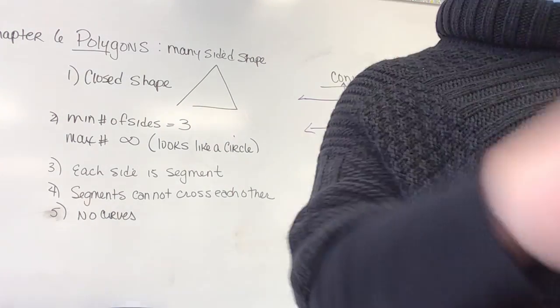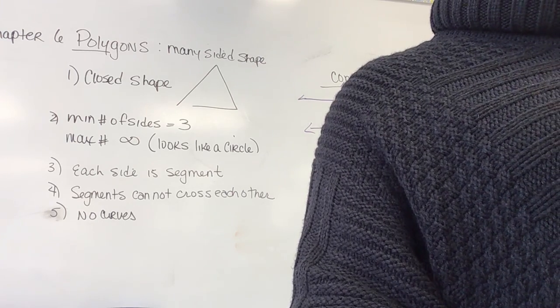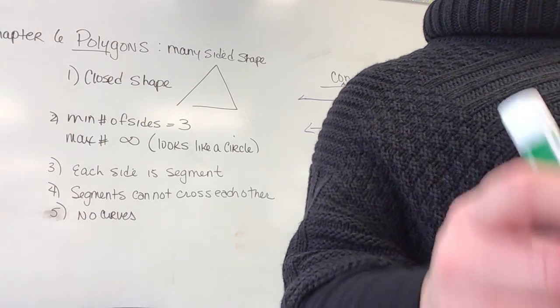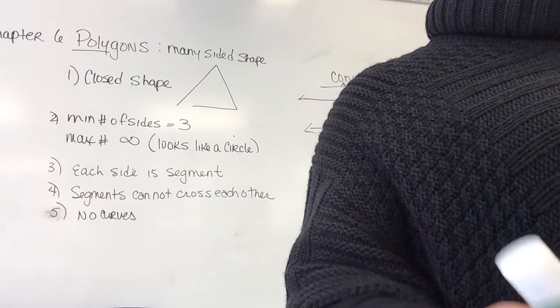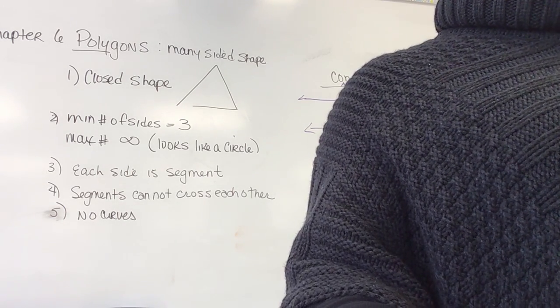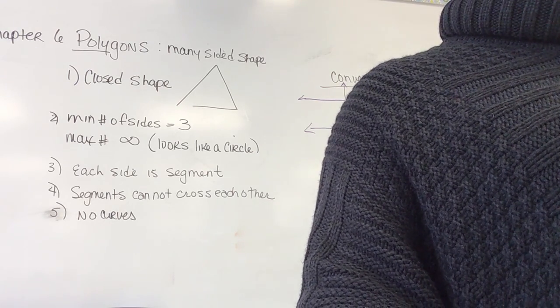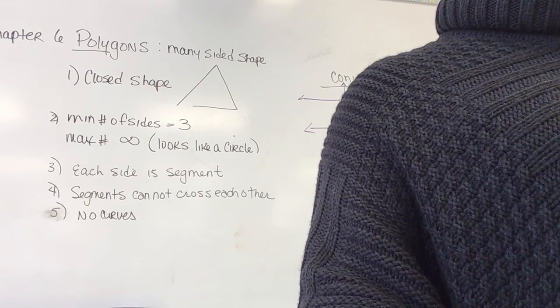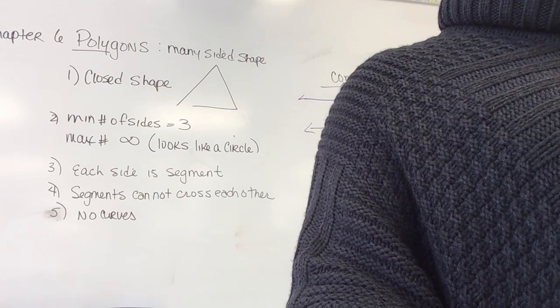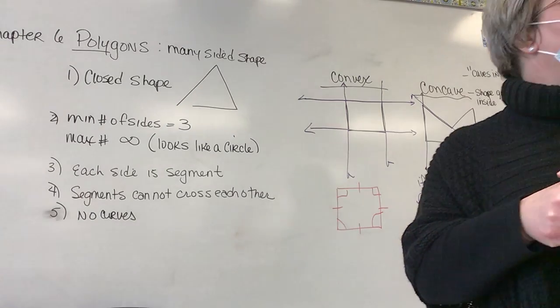Pentagon? 5. Hexagon? 6. Hepta? 7. Octagon? 8. Decagon? 10. Dodecagon? 12. Okay, so what's missing in there?